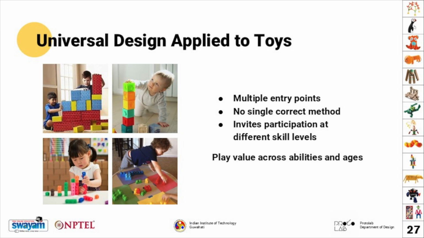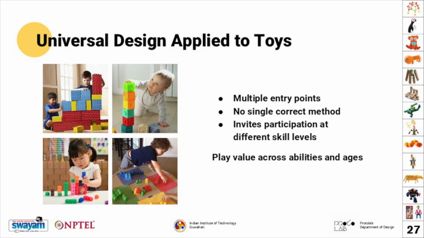It begins with invitation. One child may start by exploring randomly. Another may observe first and then imitate. Another may follow a pattern or goal. All of them are participating meaningfully.